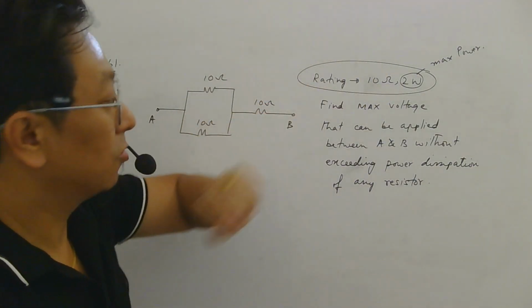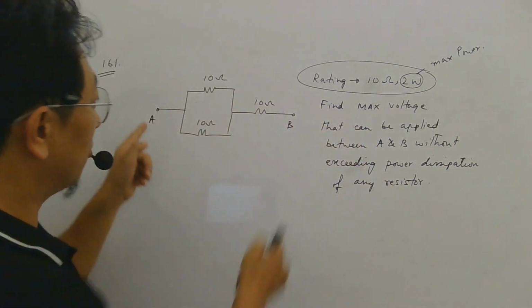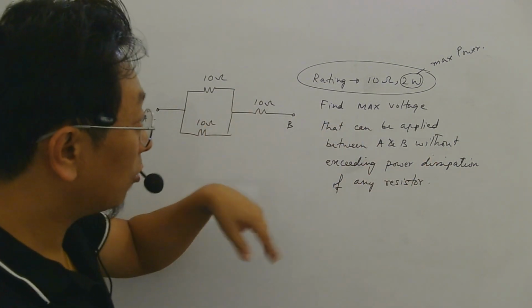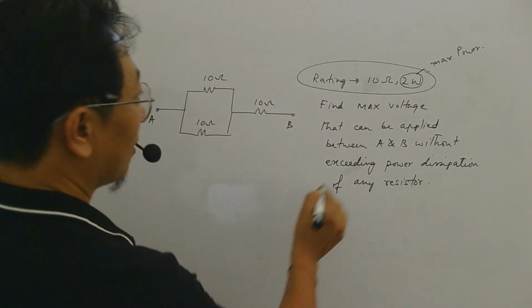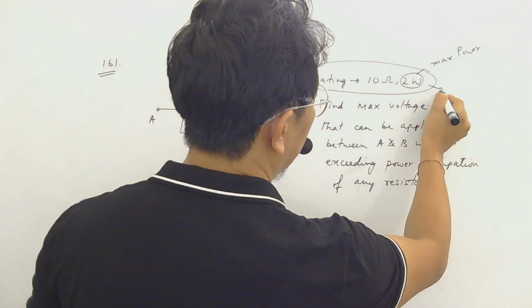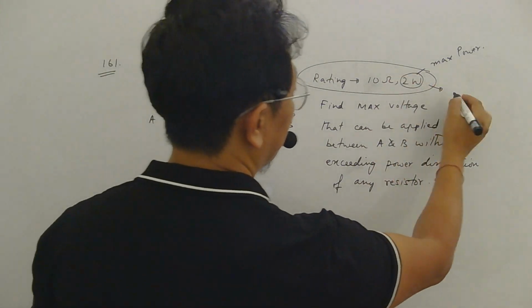So this is the maximum power that can be consumed by any one of them. Now having said this, what we have to find is the maximum voltage that you can apply between A and B without exceeding this power. Now for consuming this much power, how much voltage should be applied? That we can calculate for each resistor.